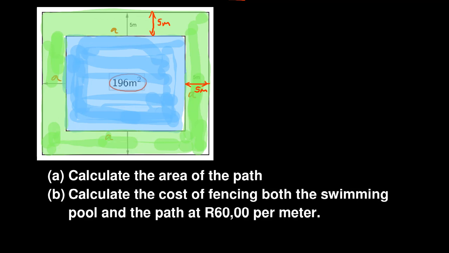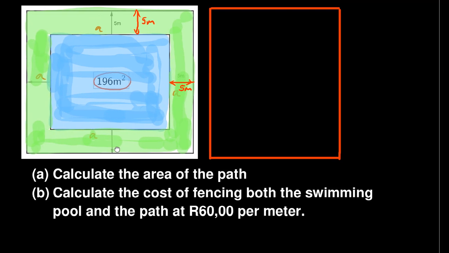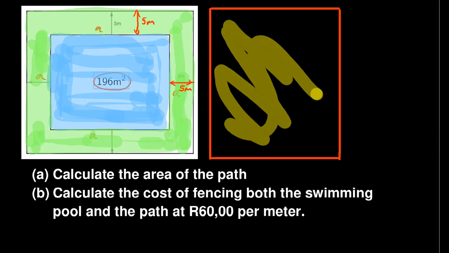Let's have this part, which is the whole inside. If I pull it this side, this is the whole inside, and we're going to find the area of the whole inside here.